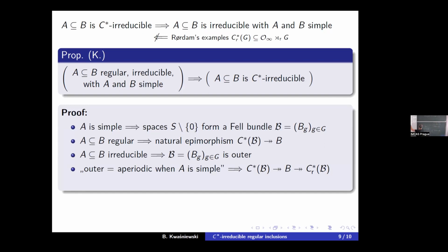And this aperiodicity implies this generalized detection of ideals. So this means that this algebra B has to lie between the universal and the reduced object. So this natural epimorphism composes to the regular representation. And since we assume that B is simple, this epimorphism has to be injective, so this has to be an isomorphism.